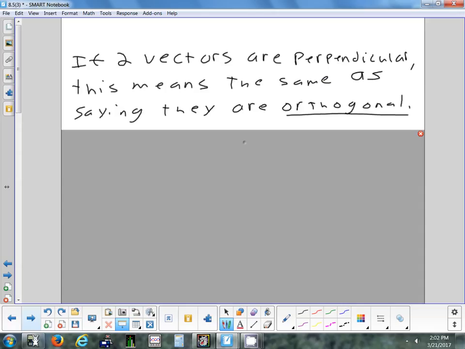When we talk about vectors, the idea is still perpendicular, they just use a different word to describe it. They call it orthogonal. So if you see a question that says, are the two vectors orthogonal? It just means, are they perpendicular? Same thing.